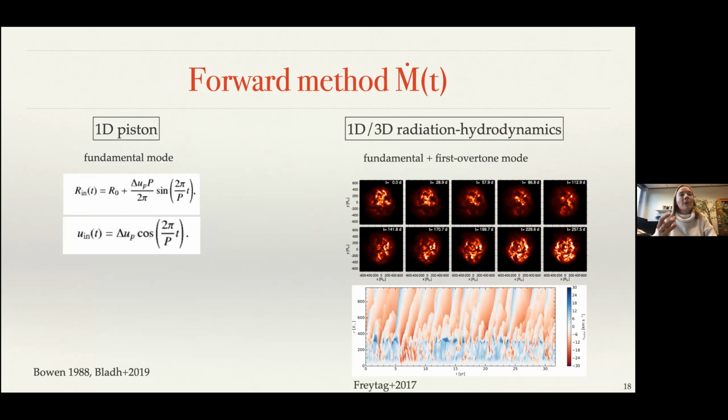Recently, also a much more advanced method has been developed by Freytag and Susanne Höfner. One is not yet at the stage of creating grains, but they are already dealing with these very convective, unstable upper layers. And so what is now happening if I'm using that knowledge and I try to predict mass loss rates as a function of time?